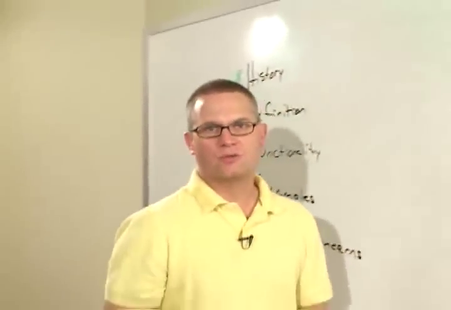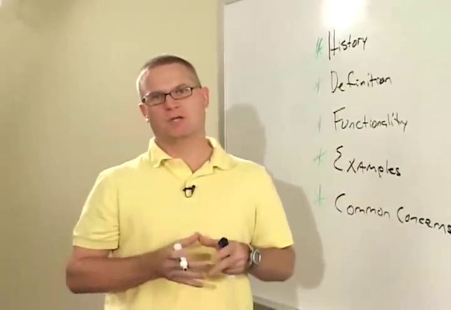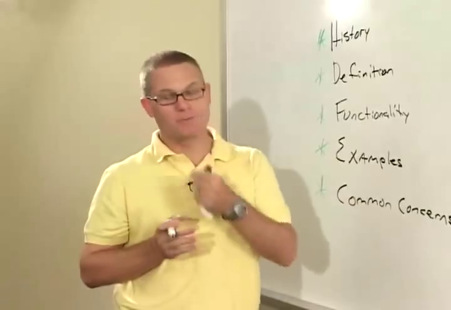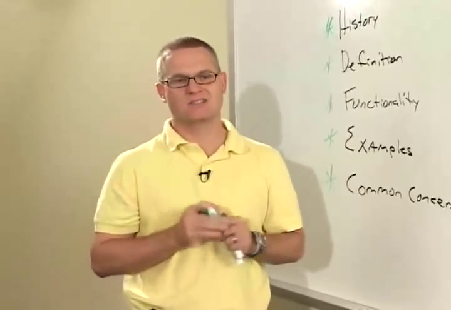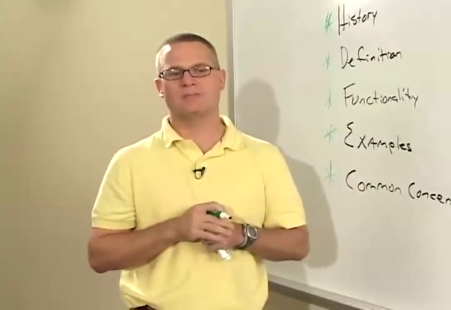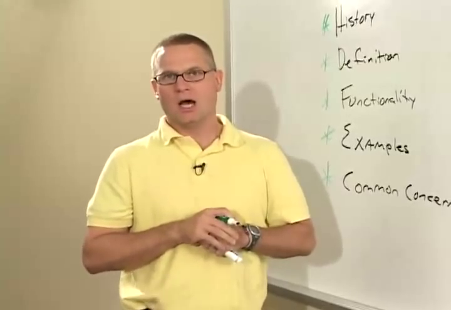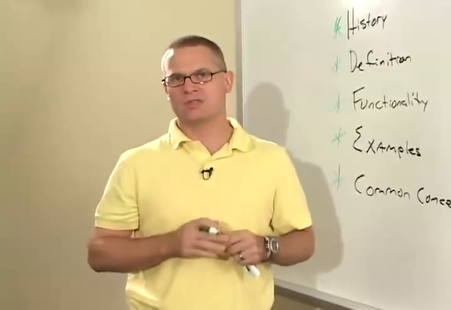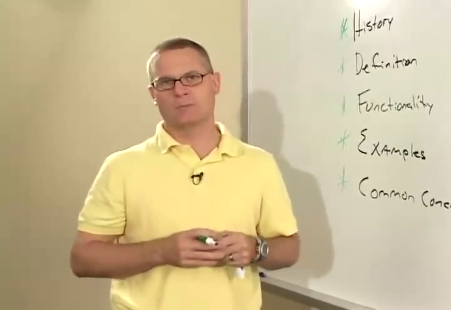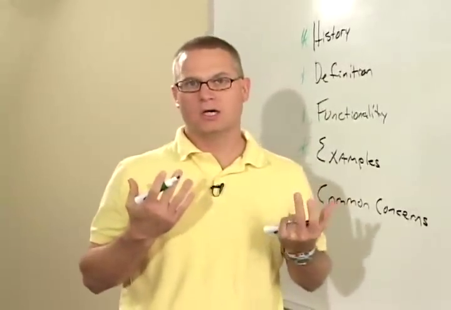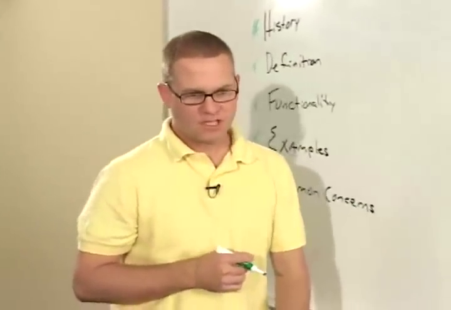So first we're going to look at the historical perspective of ERP. ERP was originally started back around the 1960s to the early 70s, and really it was a system to help manufacturers have a better process of developing their products.